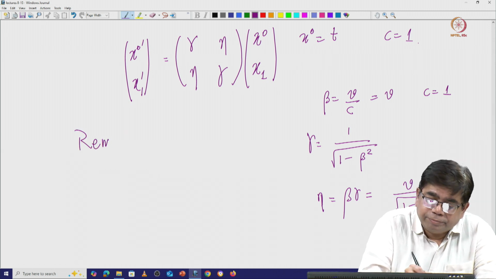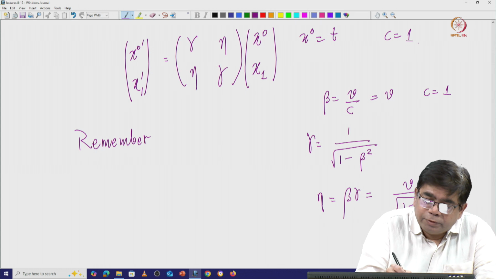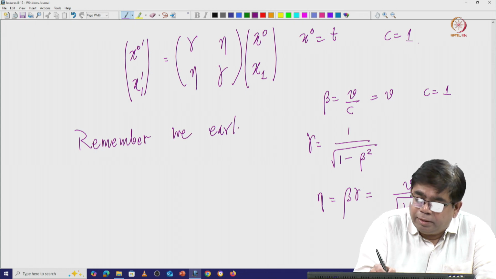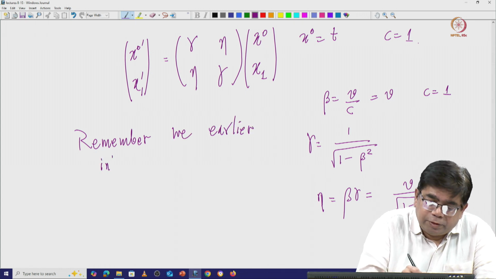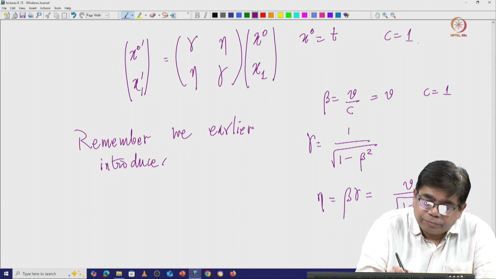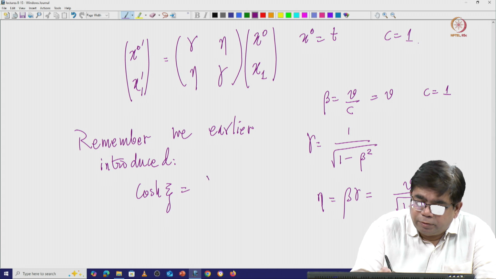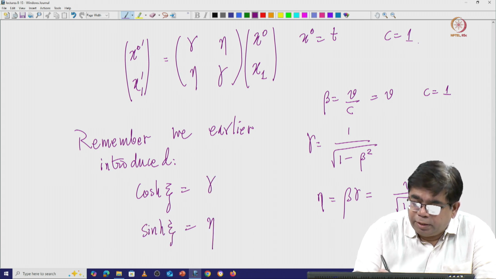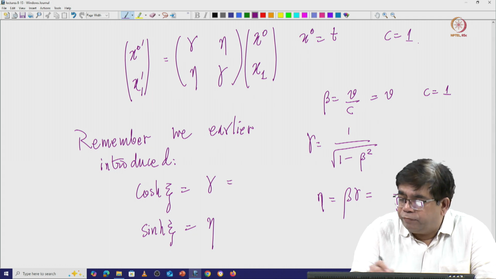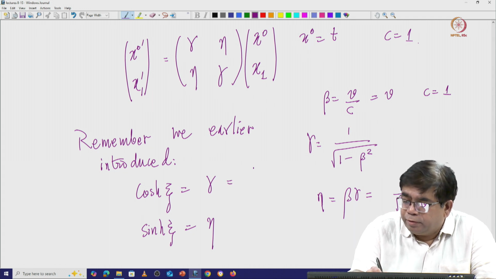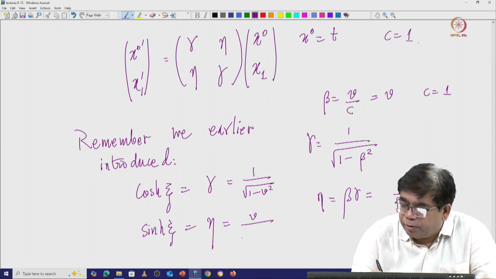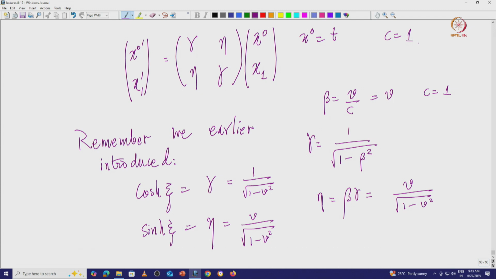Remember, we earlier introduced cos xi is equal to gamma, sin xi is equal to eta. This is equal to v by root of 1 minus v square. This we already introduced essentially.